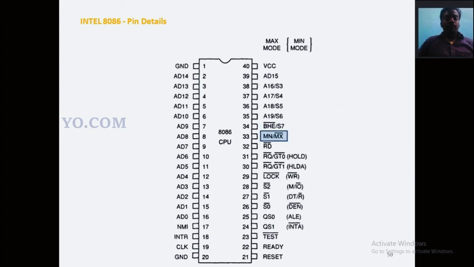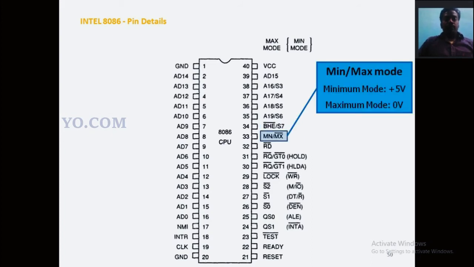Next one is MN bar, MX bar: minimum mode or maximum mode. What is minimum mode or maximum mode? If pin number 33 is connected with 5 volt, that is called minimum mode.